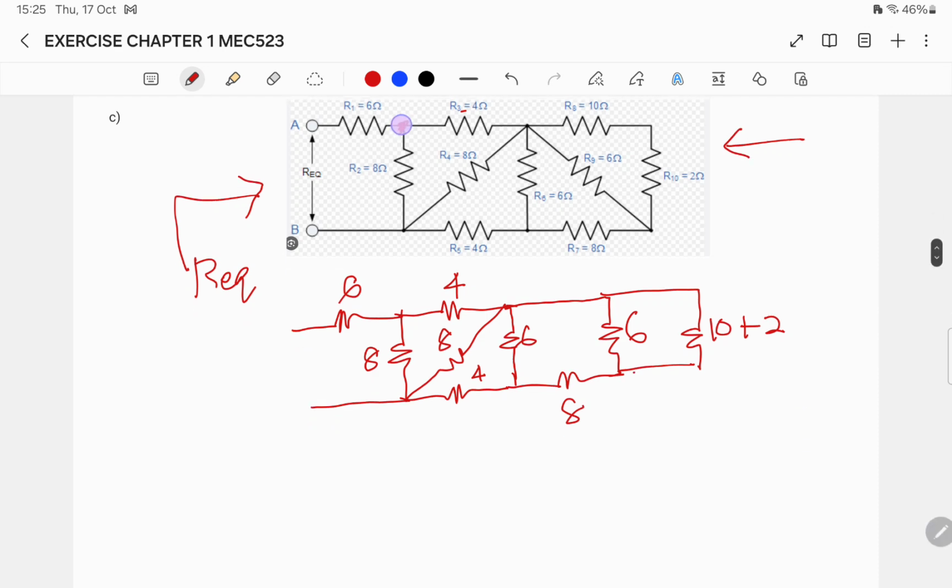Kaki 6 ni dia jumpa siapa? Dia jumpa 8. Dia jumpa 4. Yang sini. So dia jumpa 4, dia jumpa 8. Okey. Yang bawah ni dia jumpa 6, jumpa 8, jumpa 4. Betul tak? 8, 4. Okay, settle kat situ.